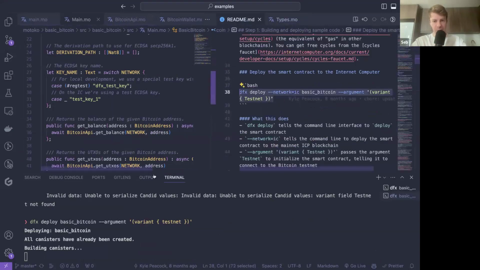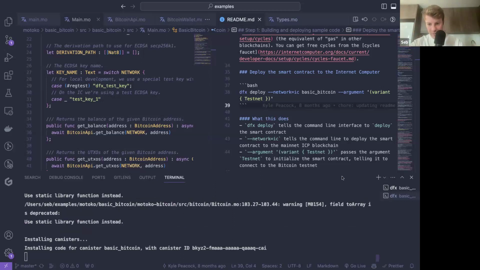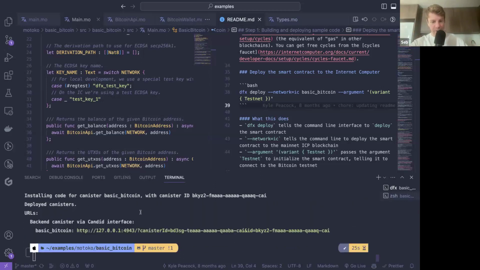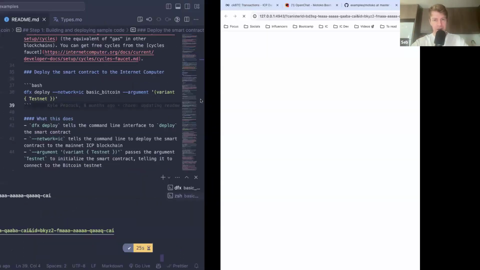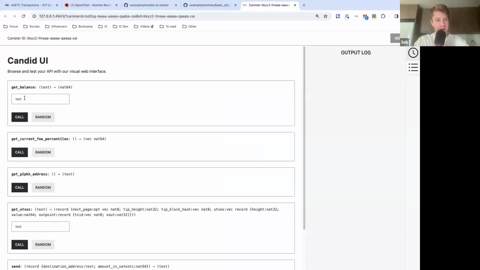It should be testnet with a minus, not a capital letter. Okay, finally, looks like we are done. It's deployed. So let's take a look at our Bitcoin wallet, what it looks like.